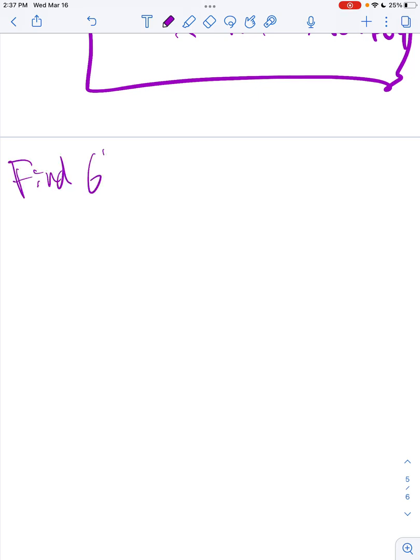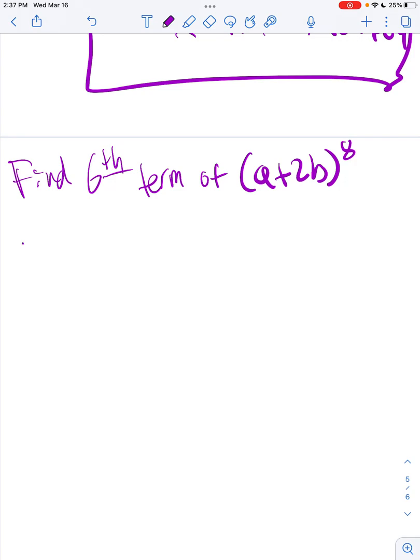All right, last example of this unit. Find the sixth term of a plus 2b to the eighth power. We'll do that first and then we'll do the last part. So we know that in this case, n is 8 because it's to the eighth power.